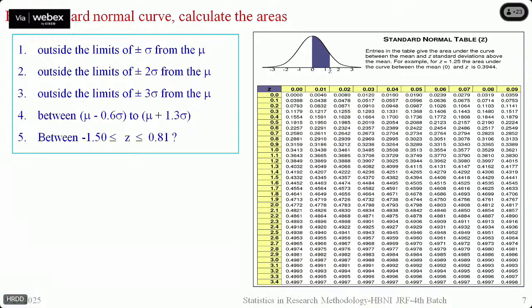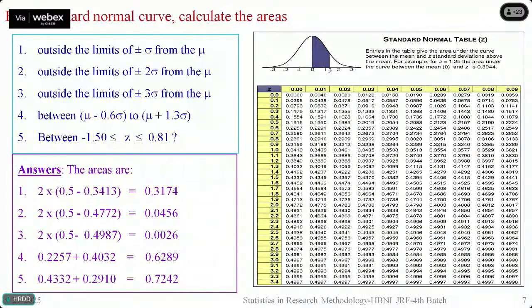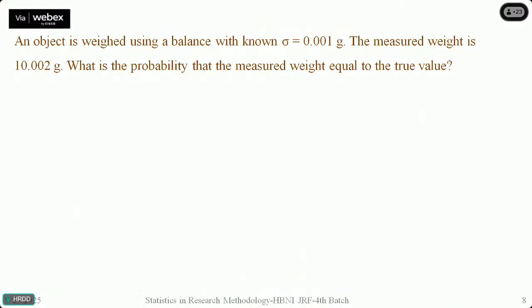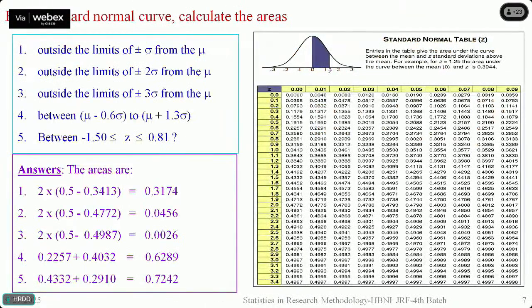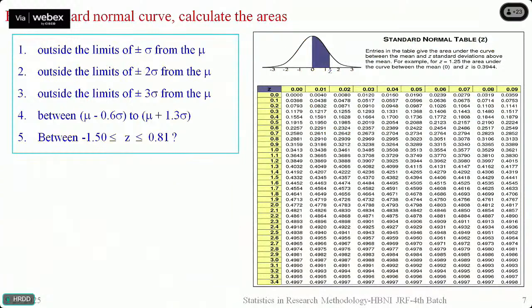How to read it? When you come to 1.2, the area corresponds to 0.3849, isn't it? Once you go to 1.25, it will correspond to 0.3944.